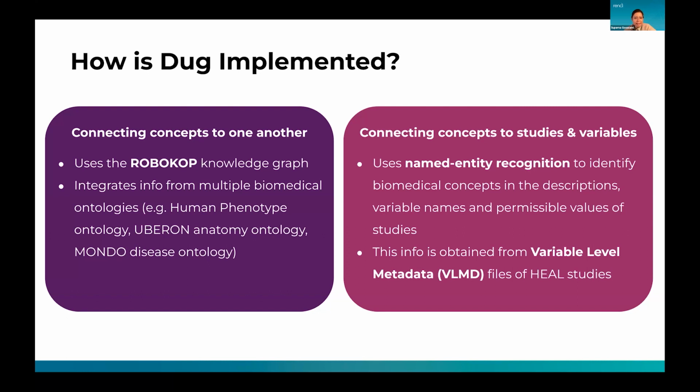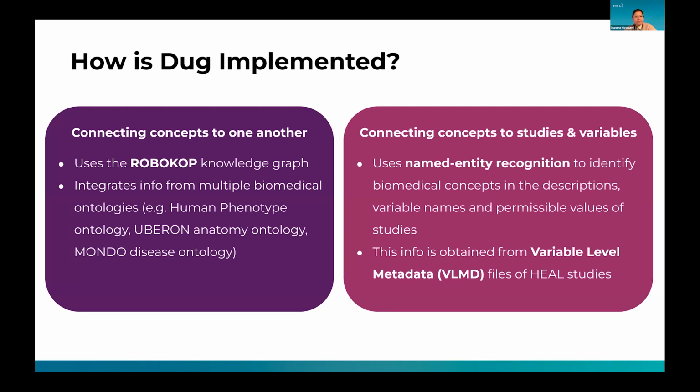So how is DUG implemented? Without going into too much detail, there are two main ways that DUG works. The first step is it connects concepts to one another, and it does so by using the Robocop knowledge graph, which is an open source knowledge graph for biomedical concepts that is developed by RENCI.